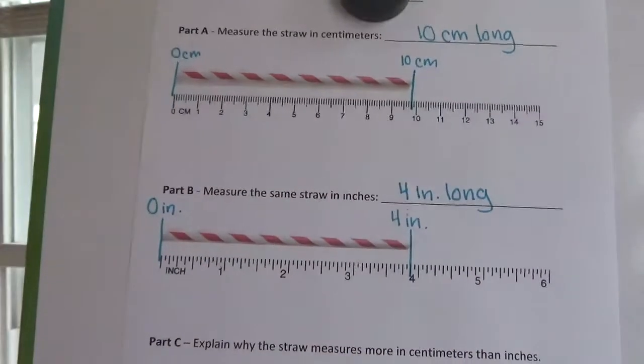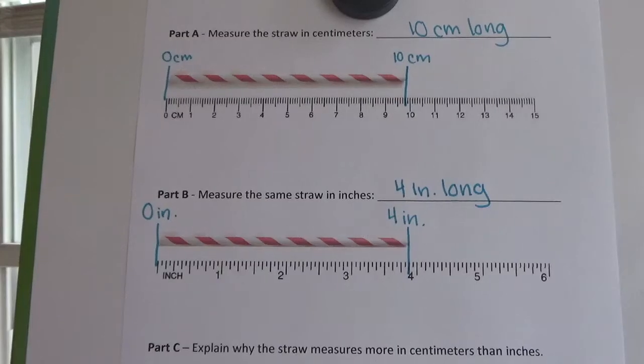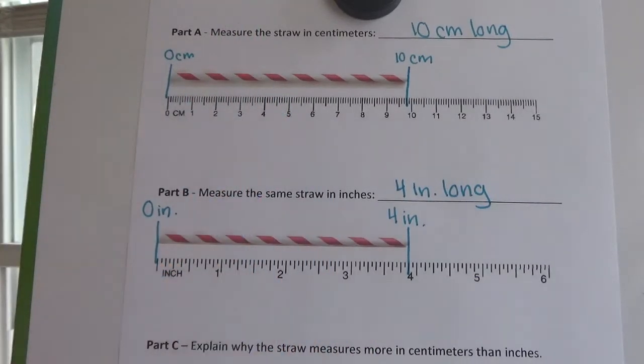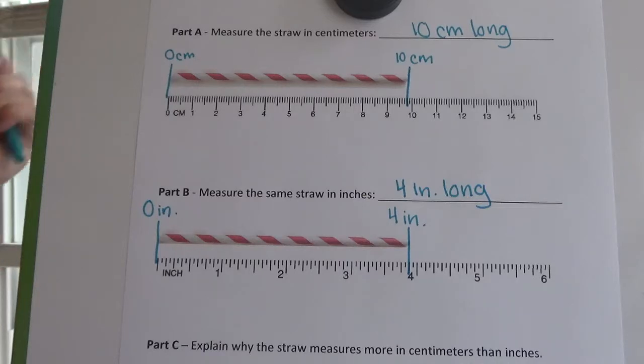Awesome. So now that we have our measurements, we know that it takes more centimeters to measure this straw than it does inches. And your job was to explain why. Now, we had a similar problem last week where we had to figure out why something measured more inches than feet, and we talked about how inches are a smaller unit than feet, and when you have a smaller unit, you need more of them to measure the same object.